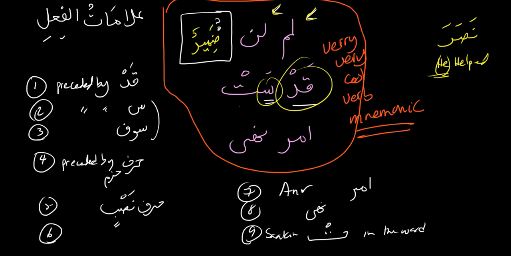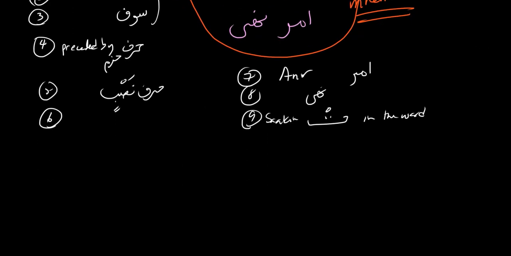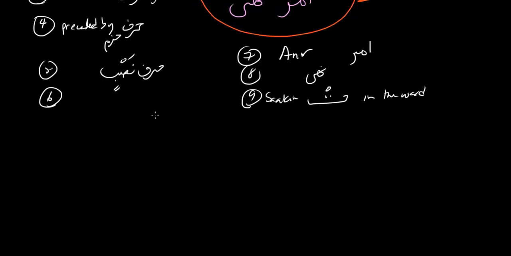Now, there's one thing mentioned in this section that I wanted to make sure that I understand. All things are divided into aqil and ghair aqil. Aqil are basically thinking creatures.